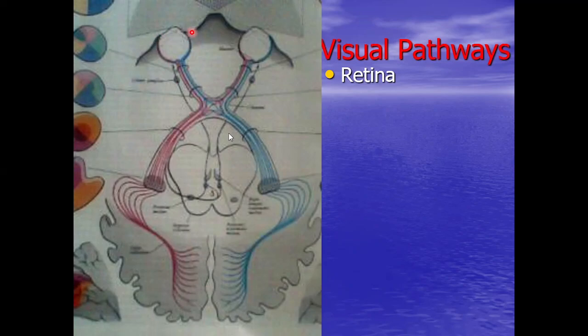So the nasal part of the retina is looking at an image that is coming from the temporal field of vision. The temporal part of the retina is looking at an object from the nasal field of vision, close to the midline. The image is always inverted.